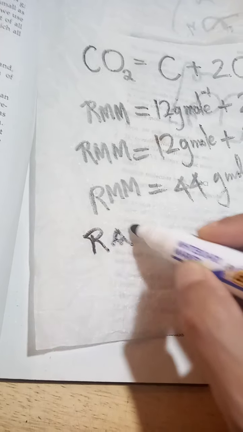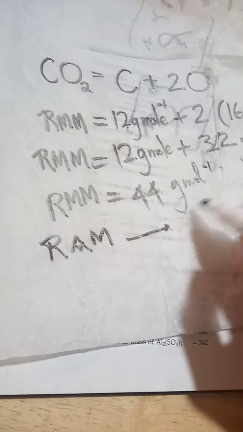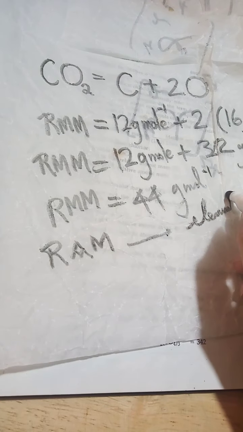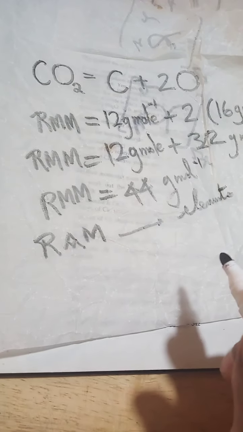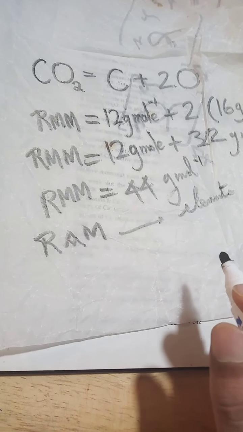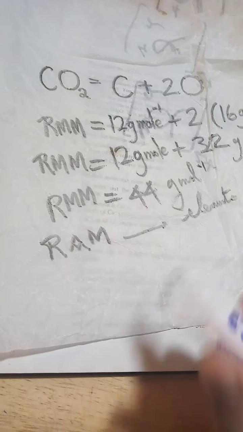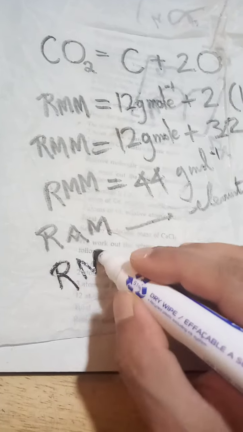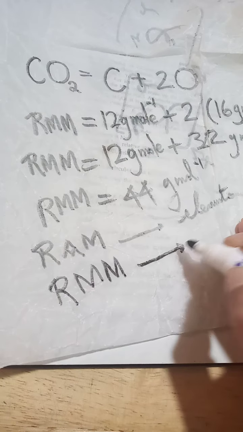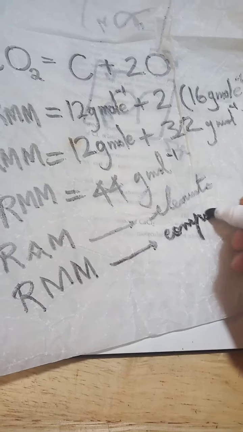Relative atomic mass is for elements like carbon, phosphorus, calcium, magnesium, aluminium, zinc, iron, lead, hydrogen, copper, gold, palladium, platinum, silver, and relative molecular mass is for compounds like water, oxygen, carbon dioxide, nitrogen, nitric acid, sulfuric acid, hydrochloric acid, ammonium chloride, ammonium sulfate, ammonia, and the list goes on, all the way to transition metal ionic, dendritic complexes.